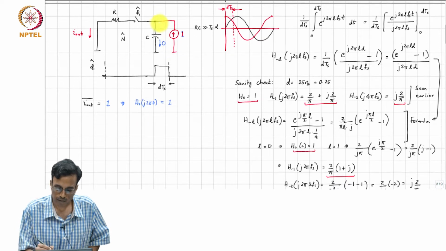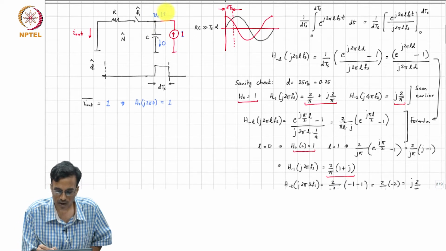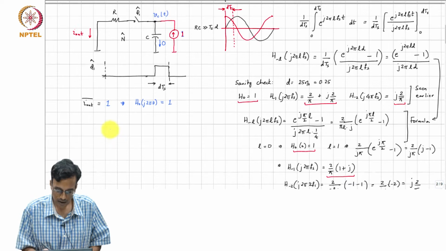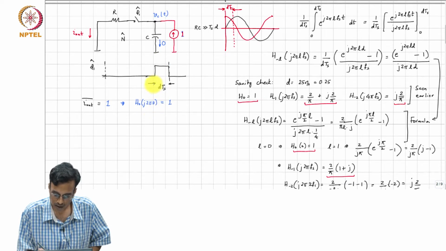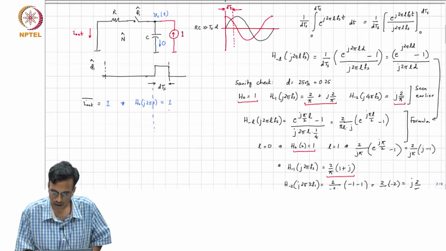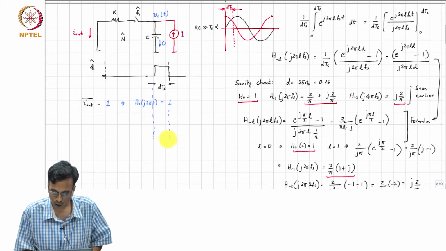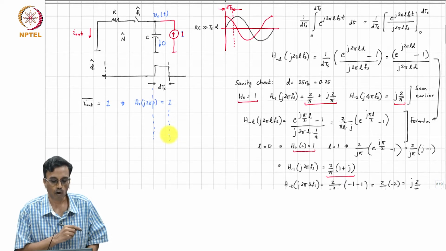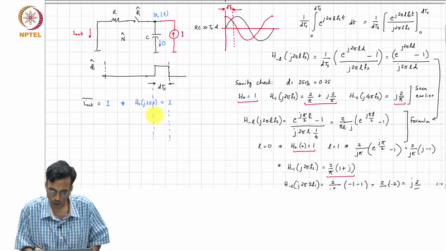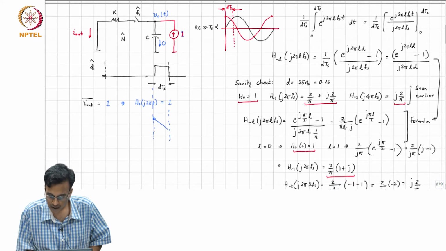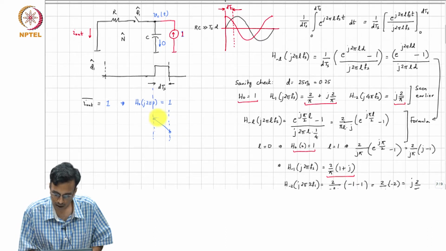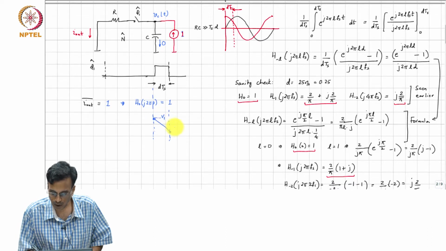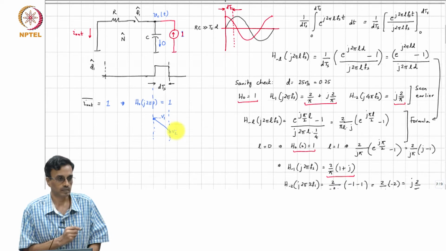Okay. Now, if you look at the voltage Vc of t in the adjoint, during when the switch is closed, what comment can you make about the voltage? Will it fall or will it rise? It will fall, because the capacitor is getting discharged, right. Let us call the maximum voltage V1 and the minimum voltage V2.